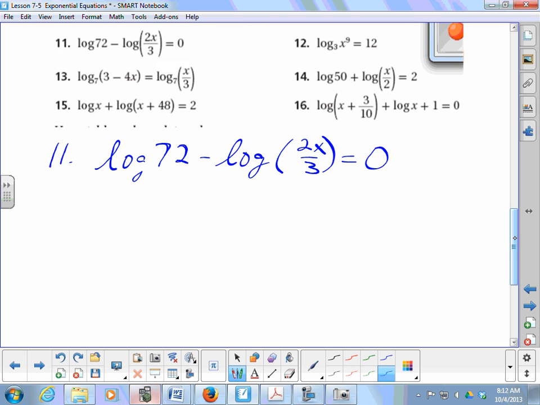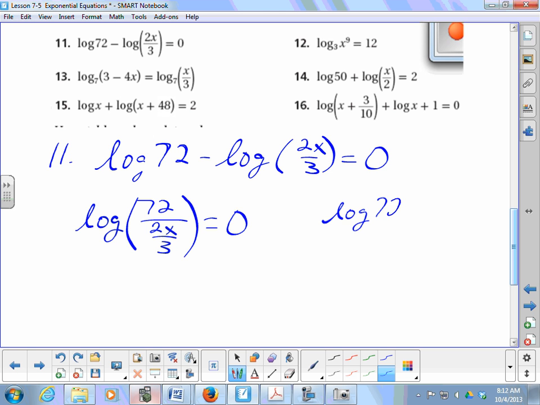Whichever choice you take, we would have the log of 72 over 2x over 3 equals 0. Or if I added the log of 2x over 3, I could have the log of 72 equals the log of 2x over 3.